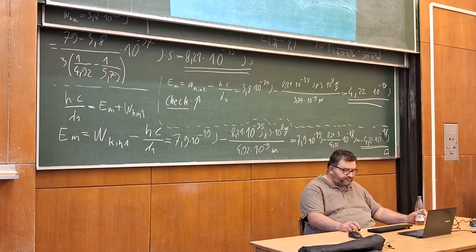For light of half the frequency, the stopping potential is 0.625 volts. Determine the work function and the wavelength of the light.